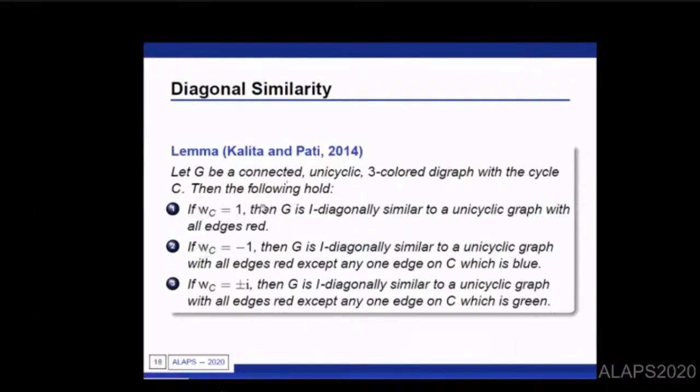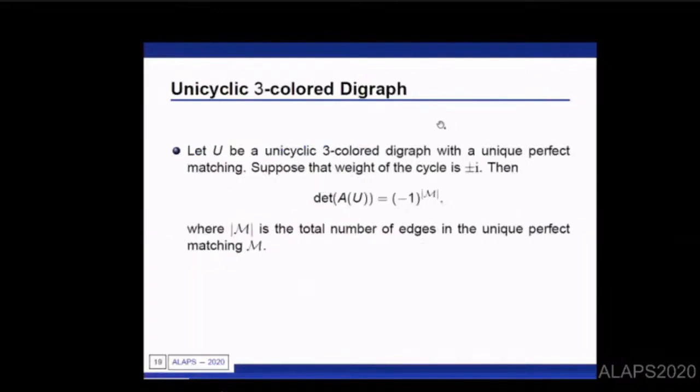Similarly, if the cycle weight is minus 1, then the results are more or less similar to those of the unicyclic graph with all edges red. So what is interesting is this: whenever the weight of the cycle in the unicyclic graph is plus minus i, we get very interesting results. And that is our target, to discuss those unicyclic graphs with cycle weight plus minus i.